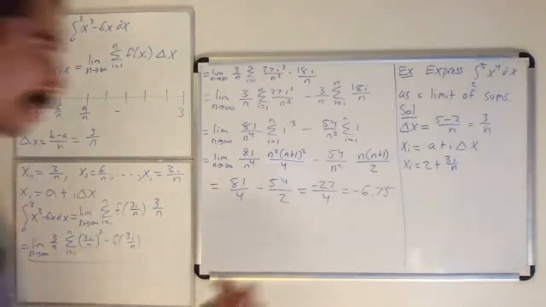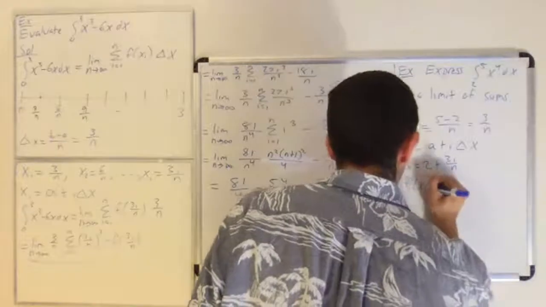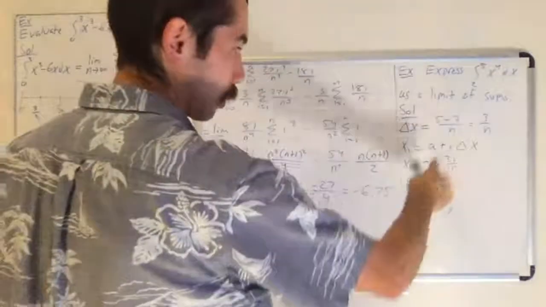And just for completeness, f of x sub i is equal to this thing to the fourth.